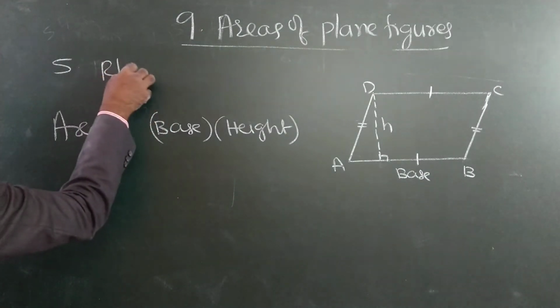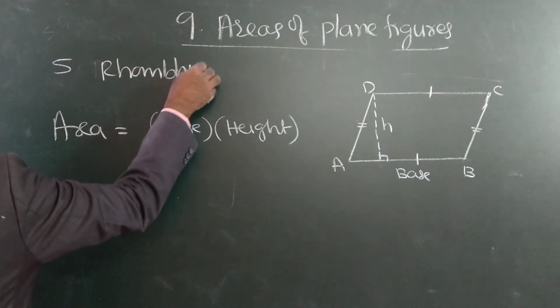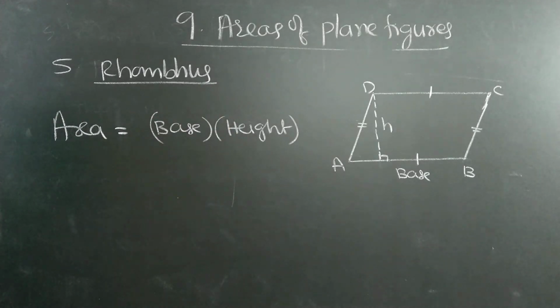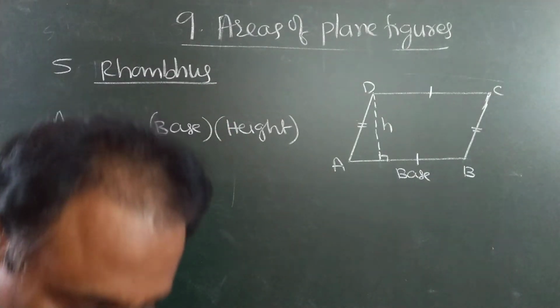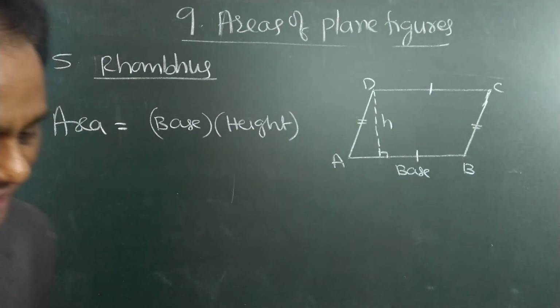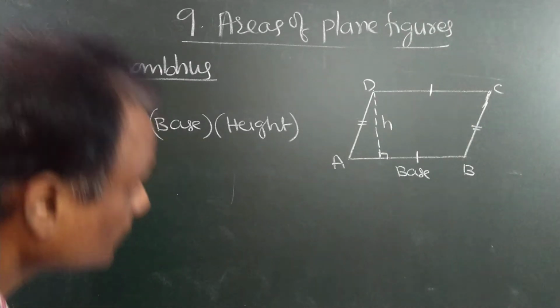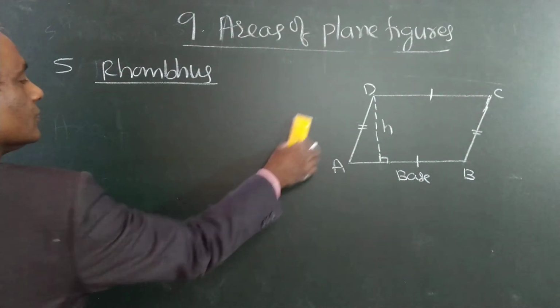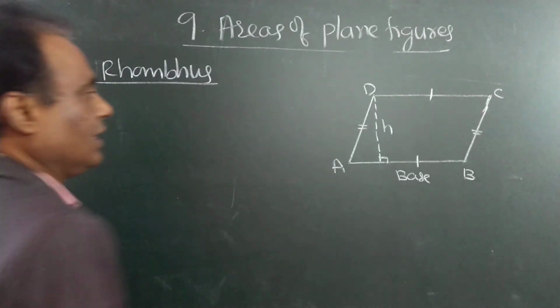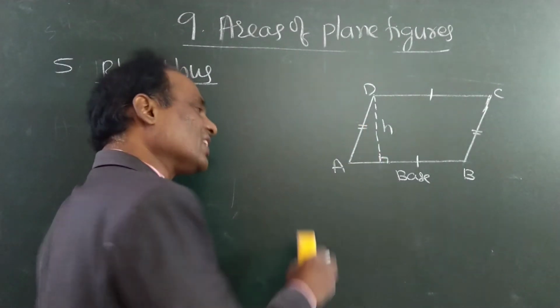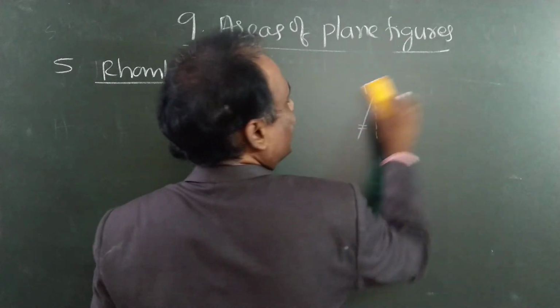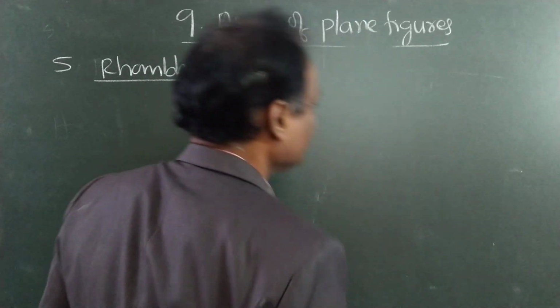Next, the last one, rhombus. Write down, rhombus. Same type of diagram, but if all sides are equal, it is a rhombus.